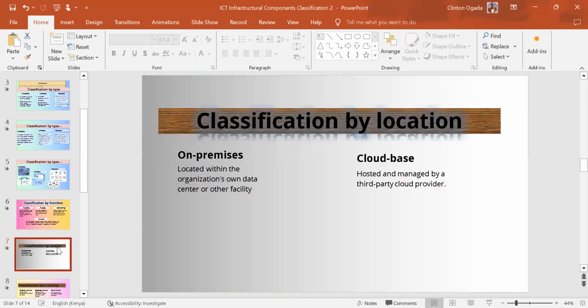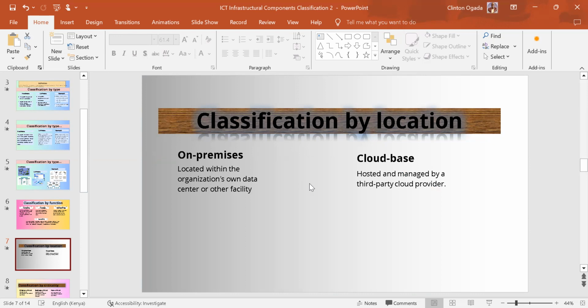Then we get to the classification by location. This is straightforward. On location, we see it is classified under two major types. Number one is on premises, and number two is cloud-based.